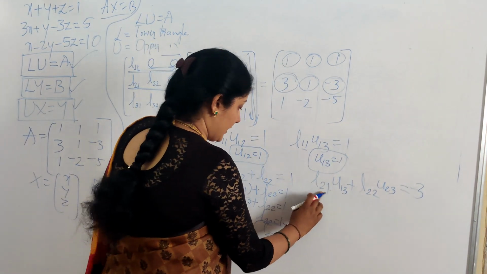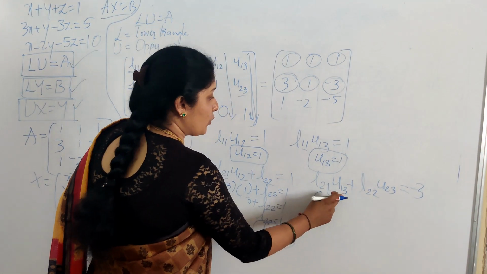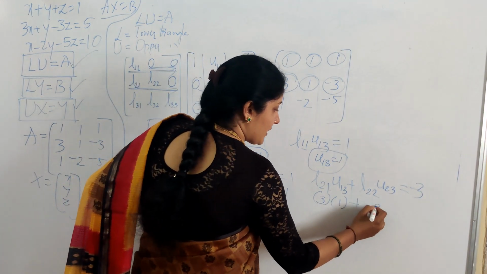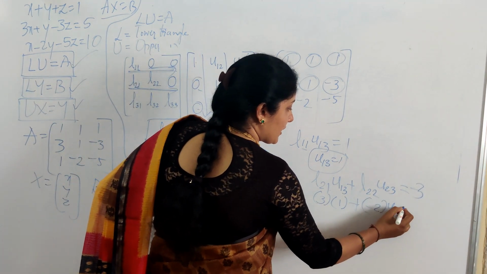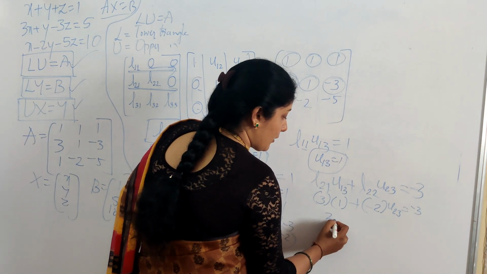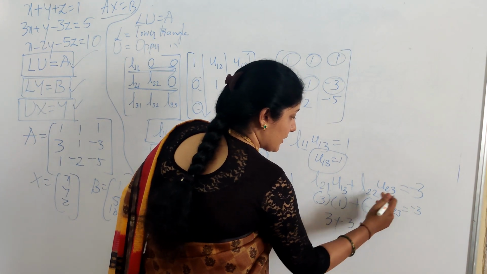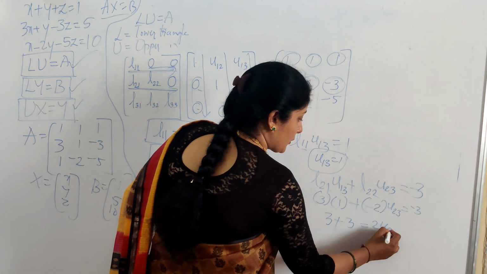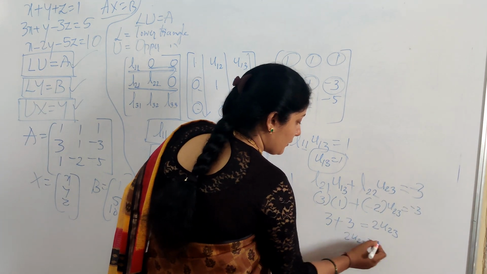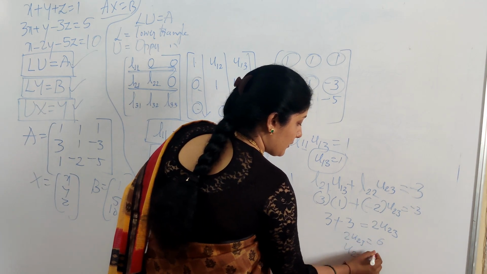So now L21 is 3 into U13 is 1 plus L22 is minus 2 into U23 equal to minus 3. Now 3, we'll take this across, this becomes plus 3, and this becomes plus 2 U23. So 2 U23 is equal to 6. So U23 is equal to 6 by 2, that is 3.